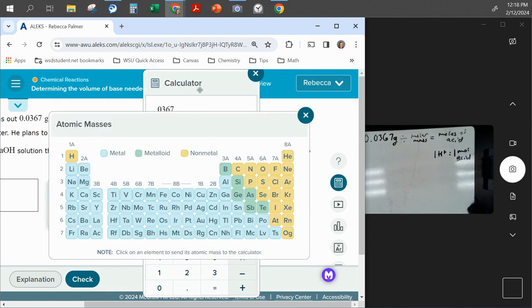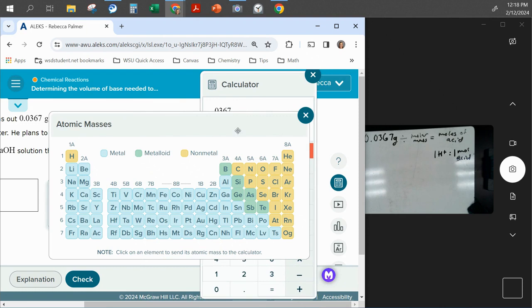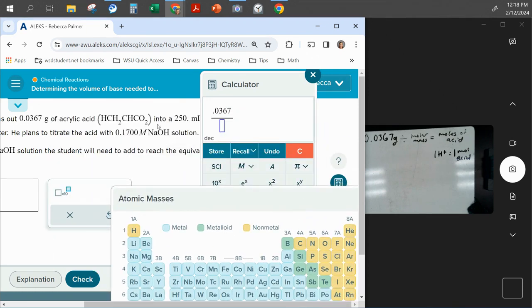Okay, this one, let's scoot it over a little bit. Acrylic acid has 4 hydrogens. Hydrogen times 4. 1, 2, 3, 4. It has 3 carbons. 1, 2, 3. It has 2 oxygens.